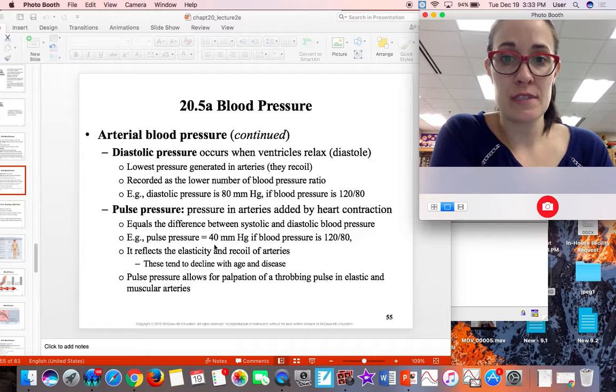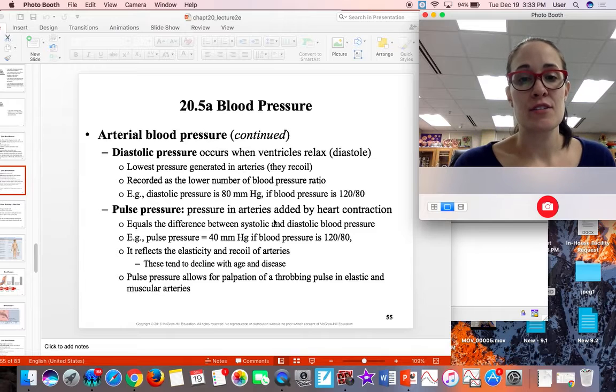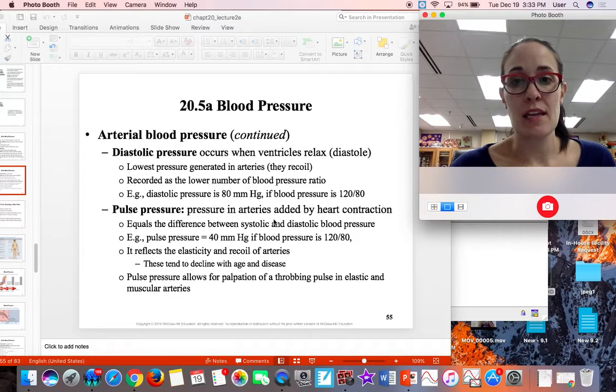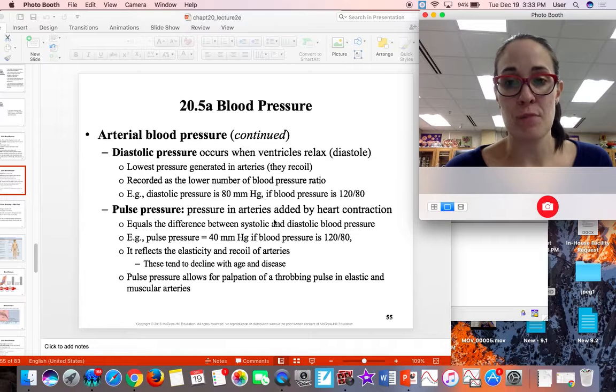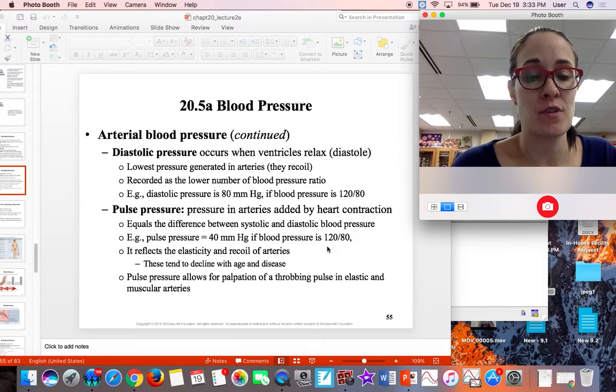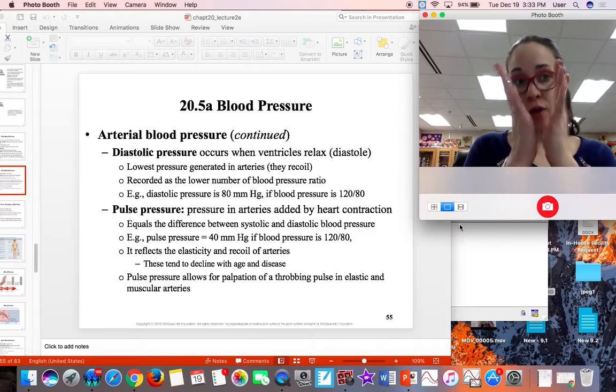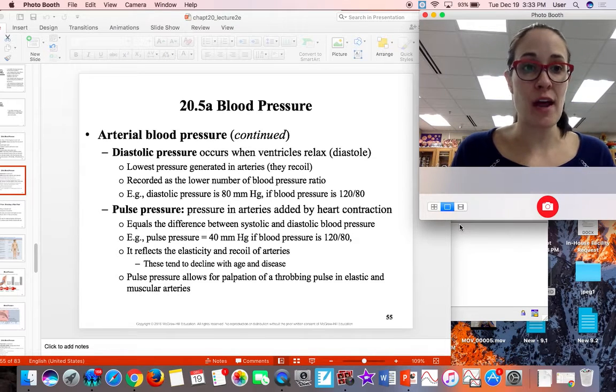Pulse pressure is the pressure in the arteries added by heart contraction, so it equals the difference between the two blood pressures. Pulse pressure is 40 if the blood pressure is 120/80. Why is that important information? It tells you how well the arteries recoil, or bounce back, once they're stretched.